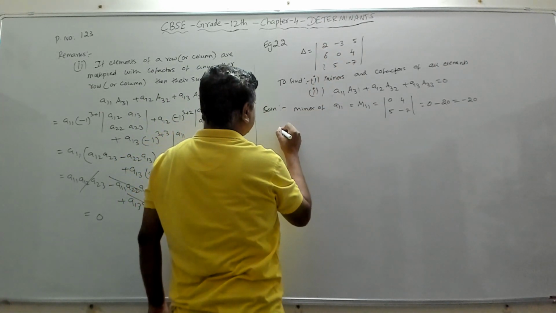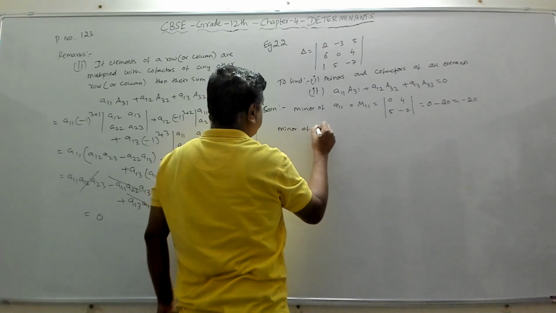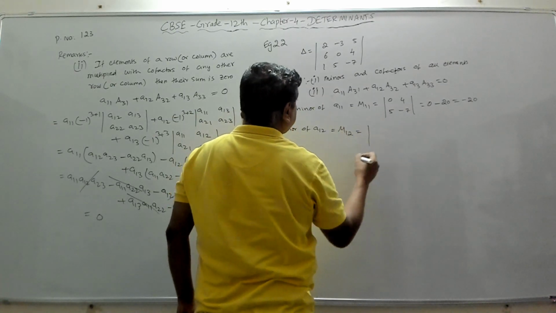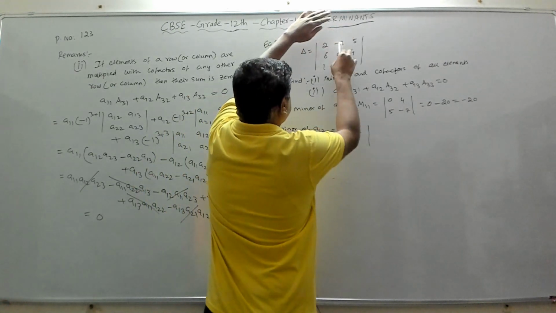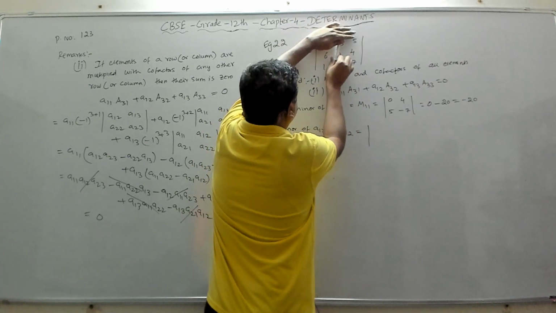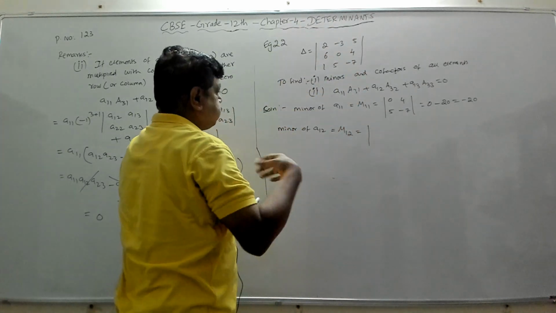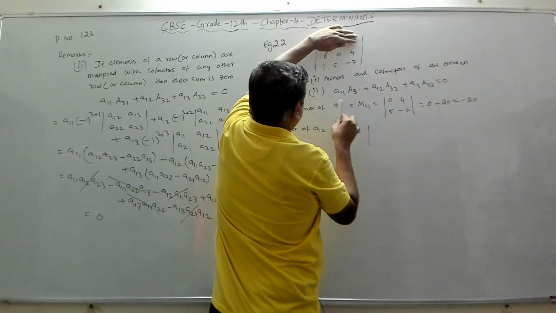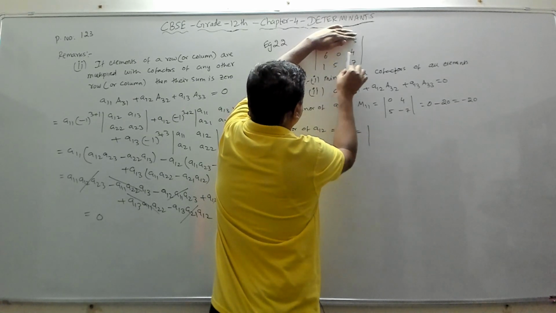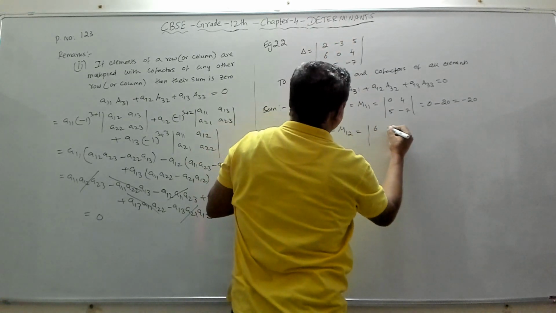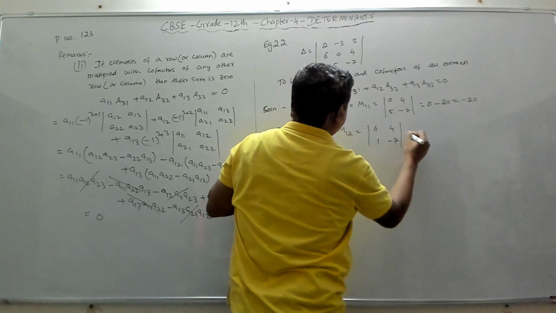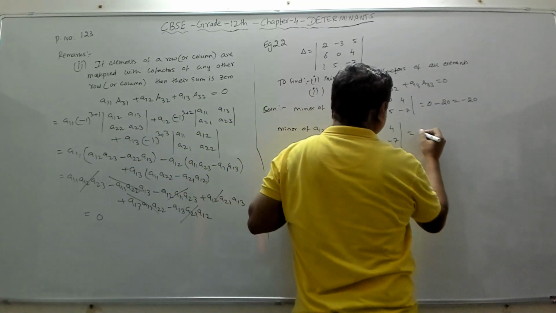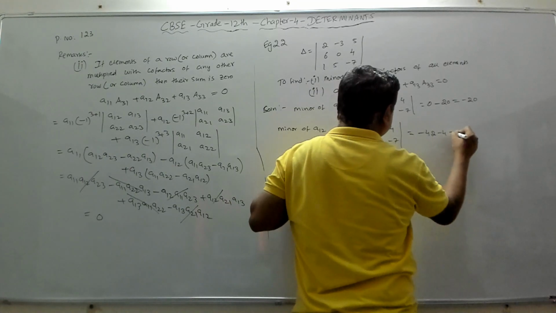Then the minor of a12, this element, that is M12, equal to the determinant we get by closing the row and column where minus 3 is. We get 6, 4, 1, minus 7. Now 6 times minus 7 is minus 42, minus 4, which is minus 46.